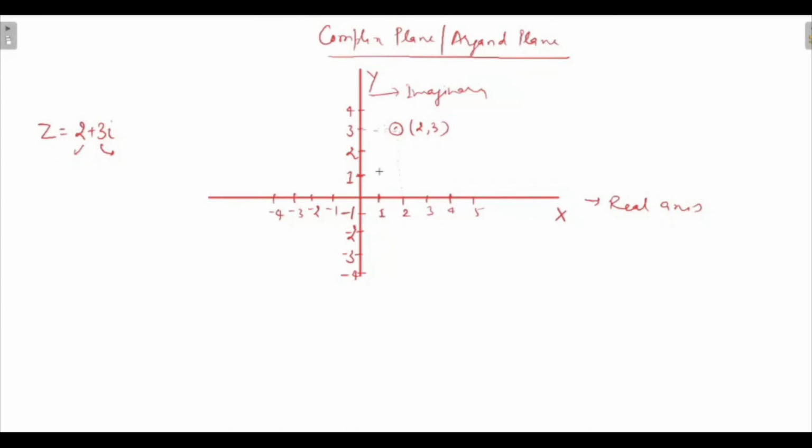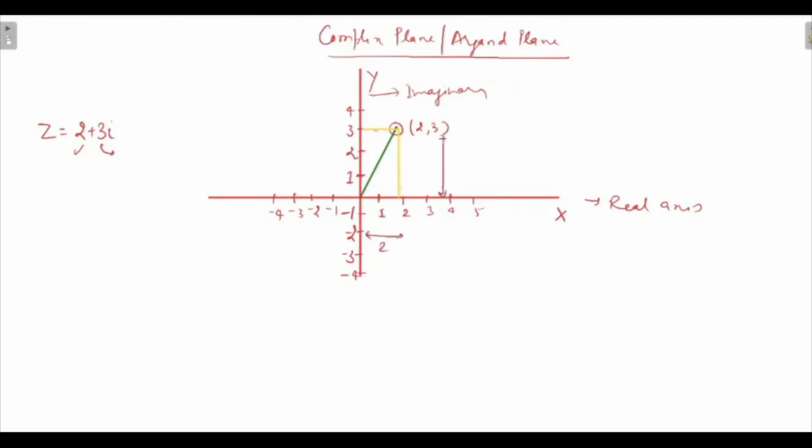And similarly, if I have to take the distance of this from origin, this part is going to be called the modulus of this complex number. This part is going to be 2, and this is going to be 3.